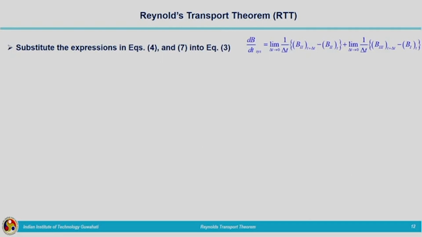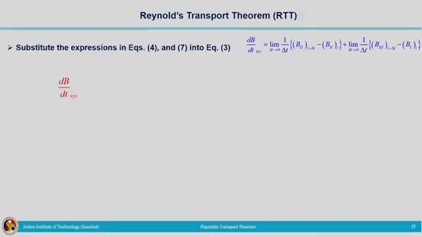Now, what we have to do? We have the expression for term 1 and also term 2, that we will combine together and put in equation 3, that is dB by dt of system is equal to, this is corresponding to the control volume and this is corresponding to the control surface.